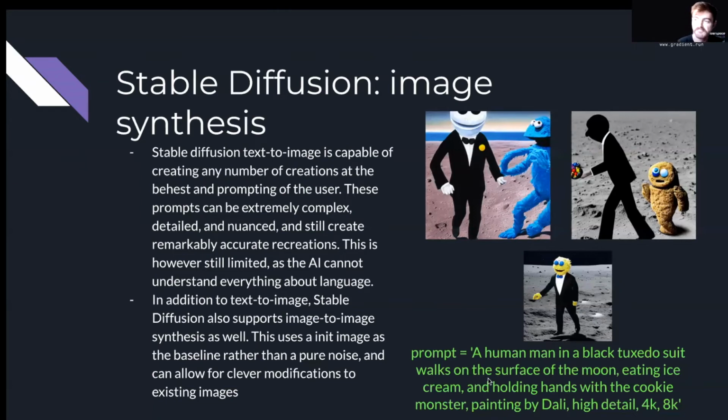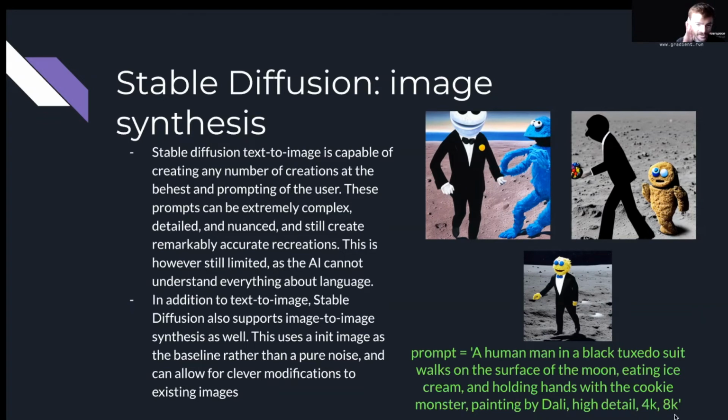This one is arguably a bit more complicated, but I wouldn't say much more so. A human man in a black tuxedo suit walks on the surface of the moon, eating ice cream and holding hands with a Cookie Monster. Painting by DALL-E, high detail, 4K, 8K.